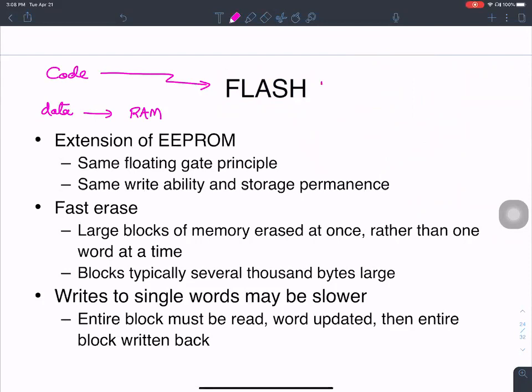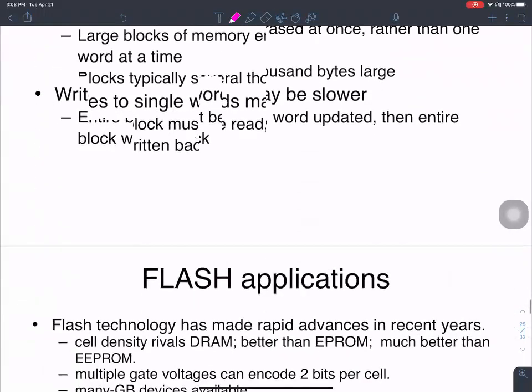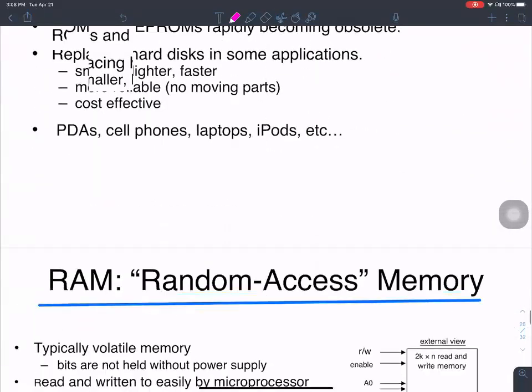Flash is non-volatile and RAM is volatile. So that's the idea. All of this we did in the last class.